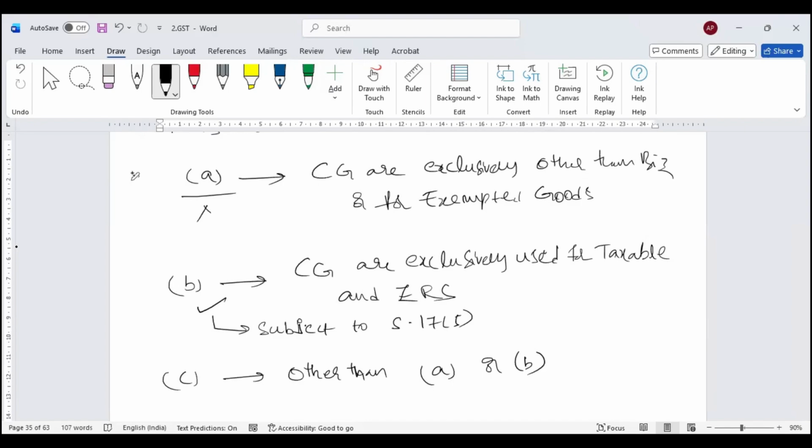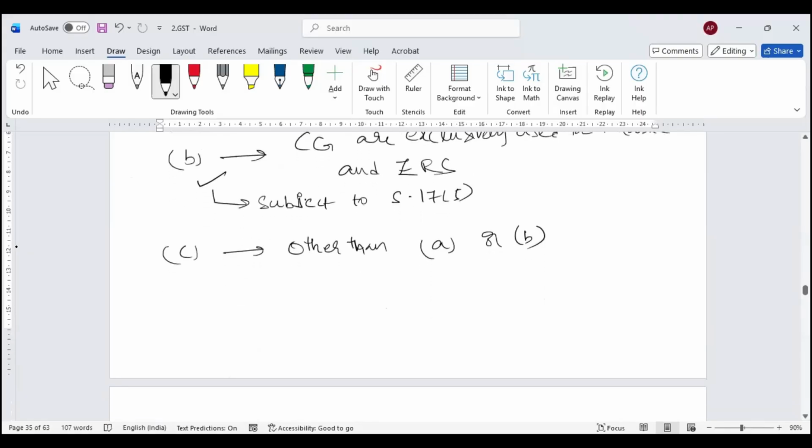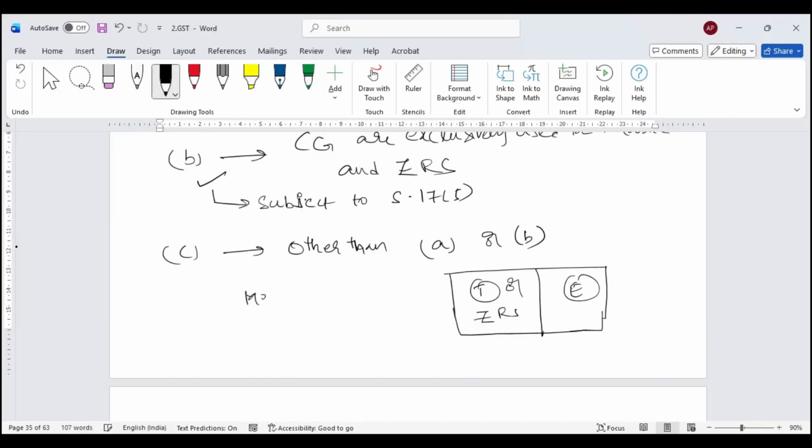Now, to give an example, let's assume there's a factory. I manufacture taxable or zero rated supply. I manufacture exempted goods also. Now, assume there is a measurement apparatus, like calibration tools.